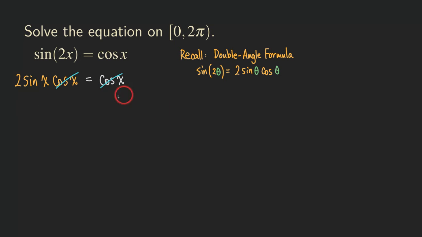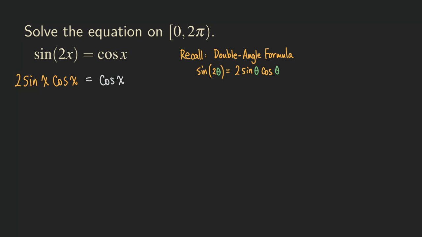If you really want to do it this way by crossing out the cosine x, that's also okay, but you also would need to write down a separate case where cosine x is equal to 0 so that we will solve for the solutions for this equation. But it's easy to forget.